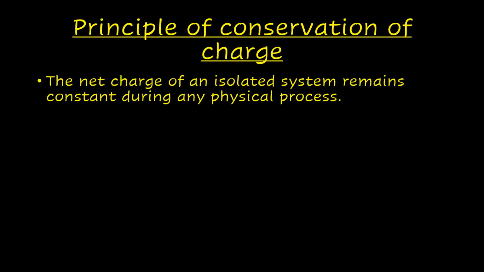The principle of charge conservation states that the net charge of an isolated system remains constant during any physical process. So a physical process may include touching or rubbing the two materials involved. We will talk more about this principle of conservation of charge in the following videos.